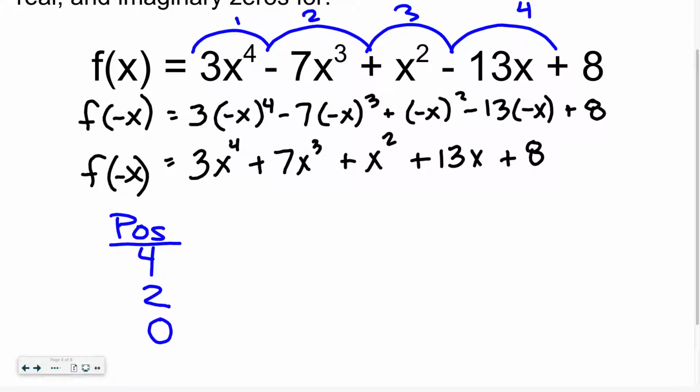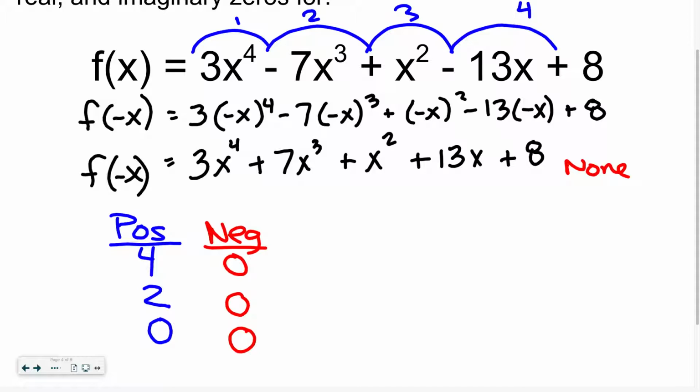None. So no matter what, I have 0 negative zeros. Okay. So I could have 4 positive and 0 negatives. I could have 2 positives and 0 negatives. I could have 0 positives and 0 negatives.